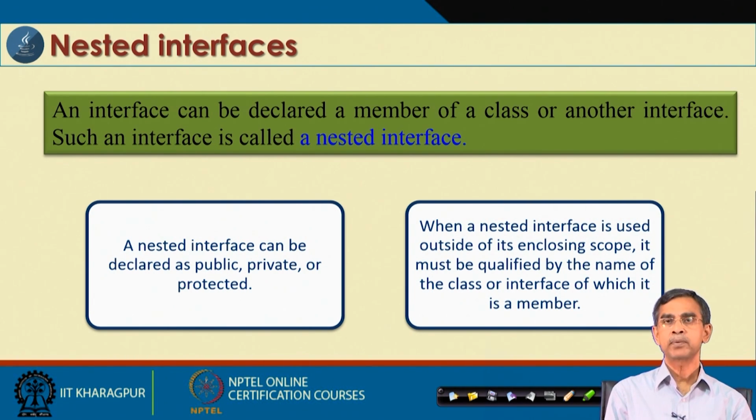This is called the nested interface. It is a very restrictive use in programs, usually we avoid it, but sometimes we want to make an interface very explicit to a particular class only, then we can think of this kind of implementation, otherwise we can ignore it.